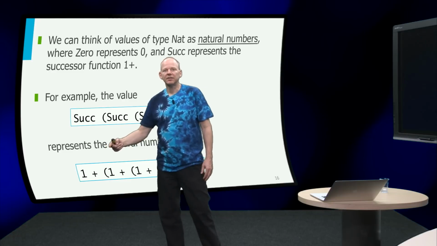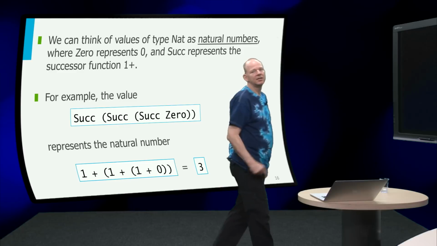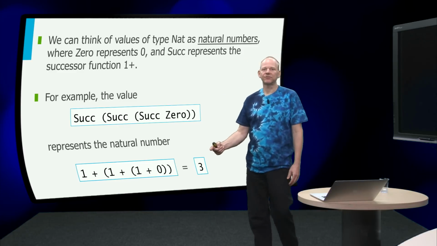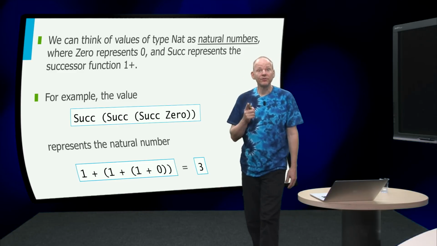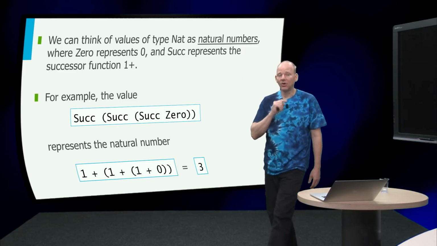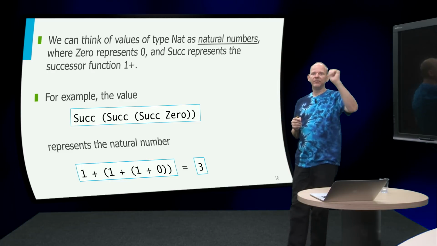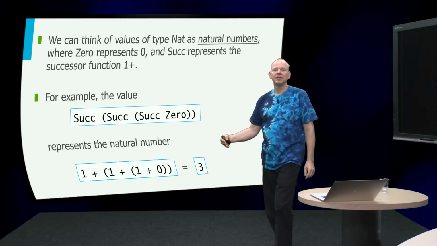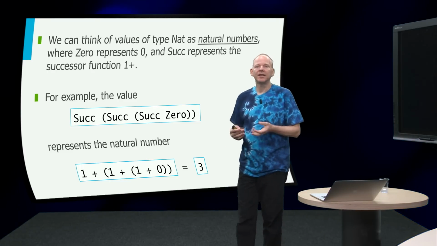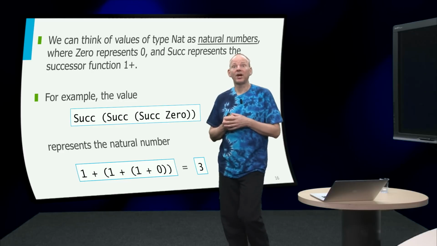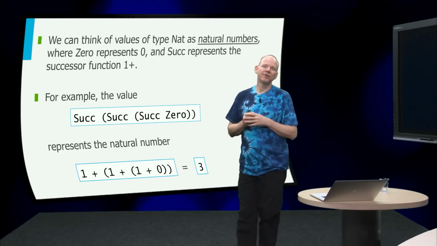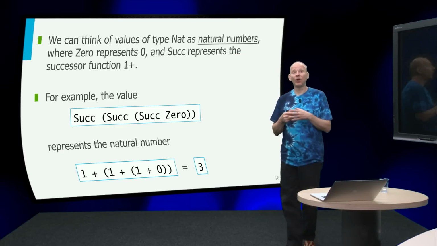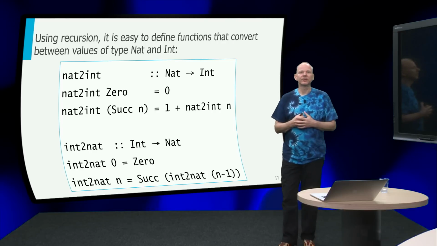You see that we maintain the same structure, and we add those up and we get 3. So this is a homomorphism from Nat to integers, and we can define it just like we defined foldr over lists. We can define this function using foldr over natural numbers.